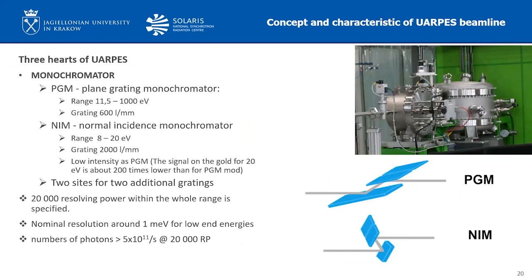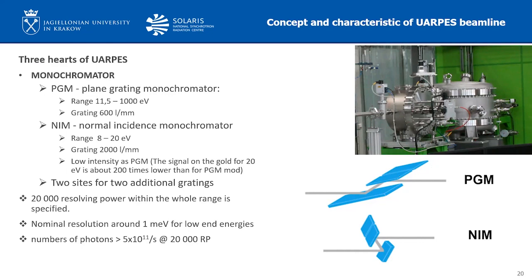Okay, our monochromator. We have two monochromators. PGM is the plane grating monochromator, and this is the geometry of the PGM.